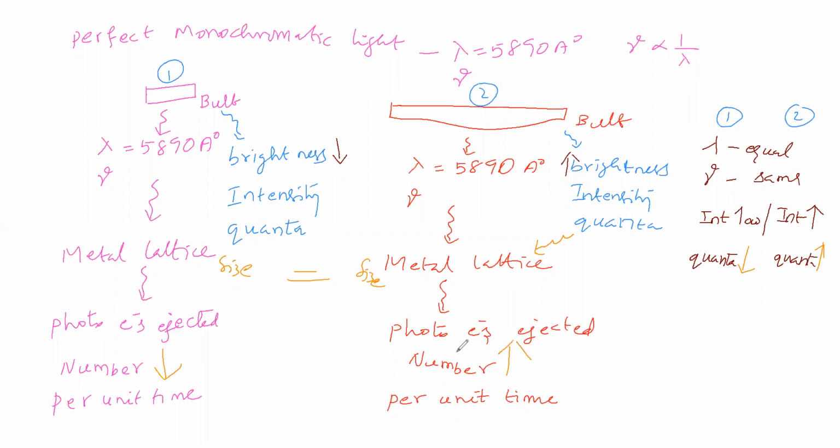So the number of photoelectrons ejected is directly proportional to the intensity of radiation.